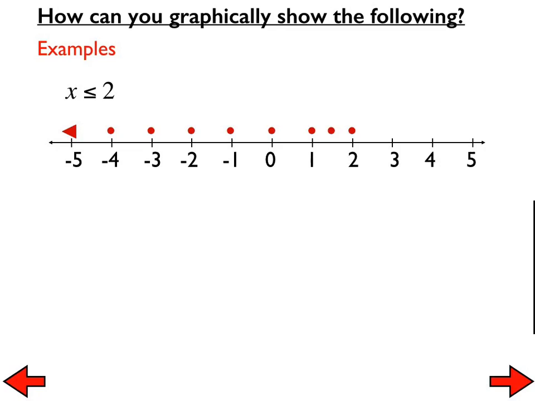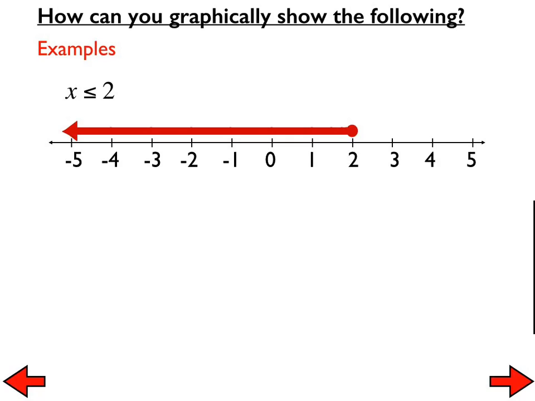But we also can't forget about numbers in between, like 1.5. So we're also including decimals and fractions, not just integers. If we piece all of that together, it would be all of those numbers that are lower than 2, but also equal to 2.